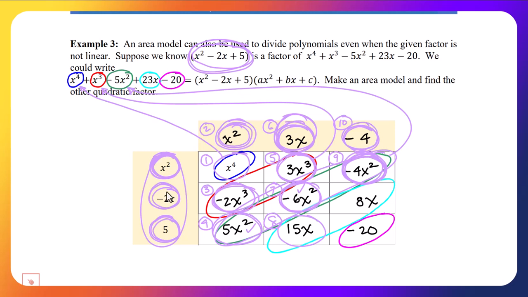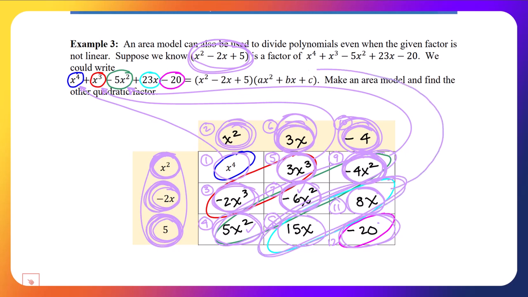And then I can take that negative 4, multiply by the negative 2x, and get 8x. Step 11. And I can take that negative 4, multiply by the 5, and get negative 20. Step 12. And fortunately, this blue bubble matches that position, and the last bubble, of course, matches the last position.